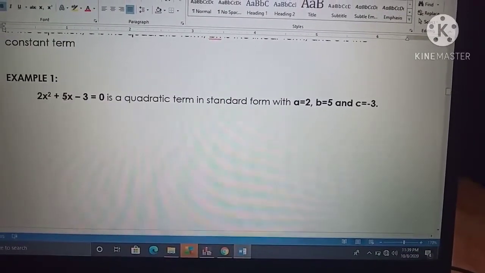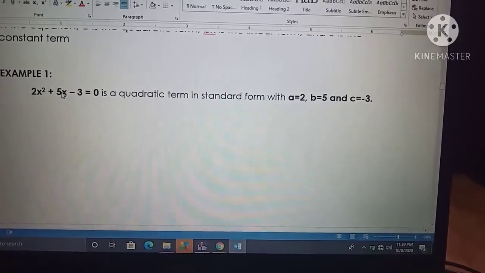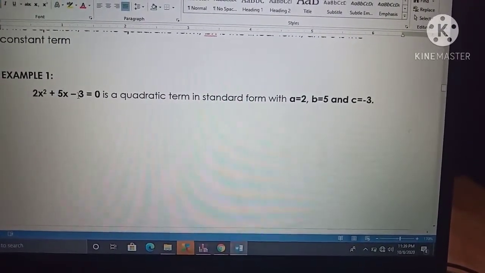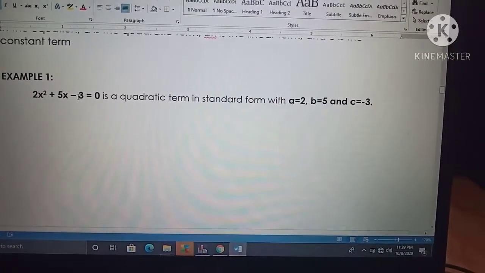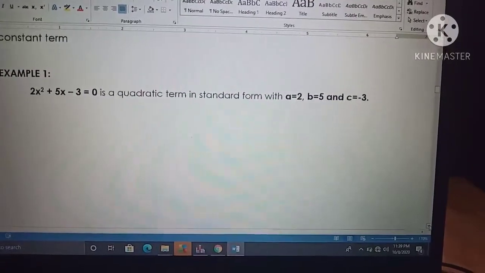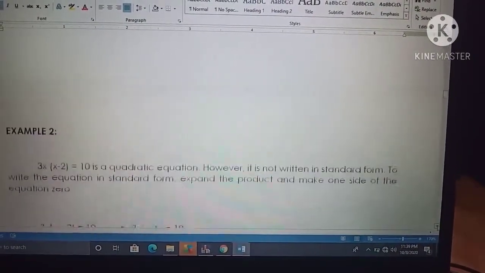Si B dito ay positive 5. So, ano naman si constant term or yung letter C natin? So, letter C or the constant term in this equation is negative 3. Nakuha? So, another example. Magbibigay pa ako ng example.